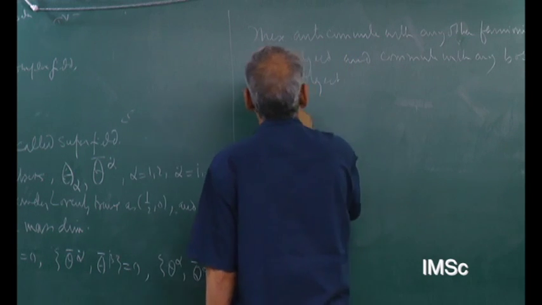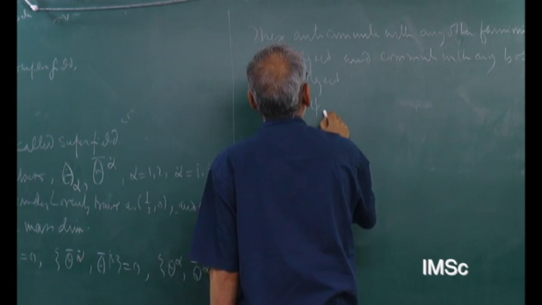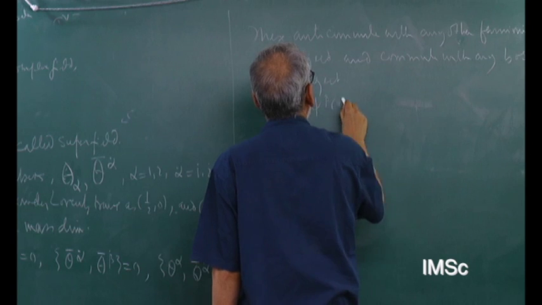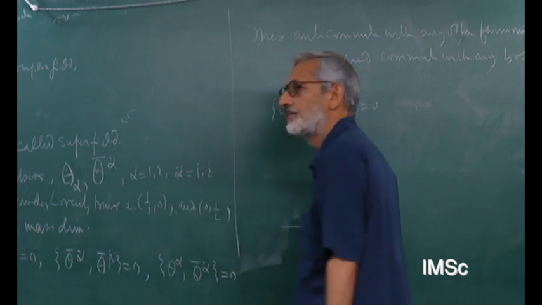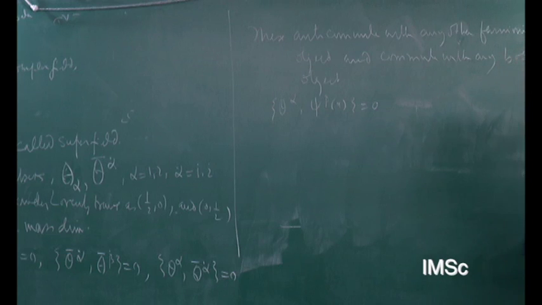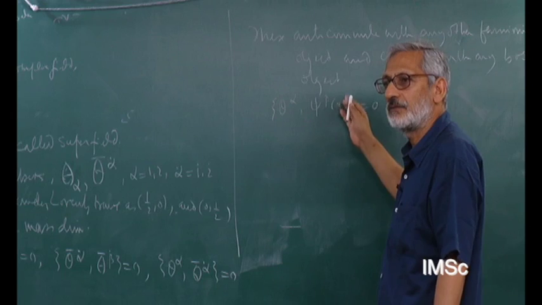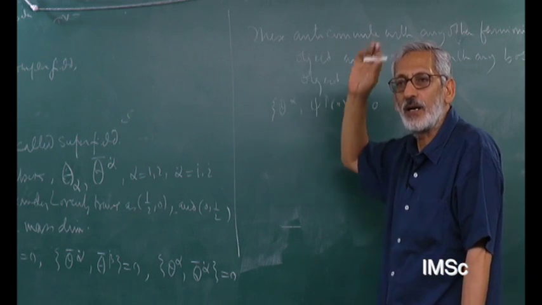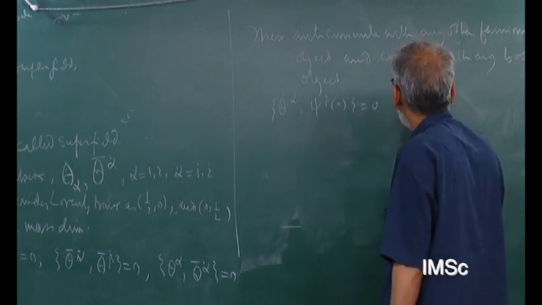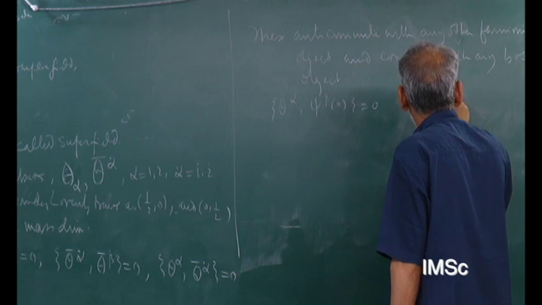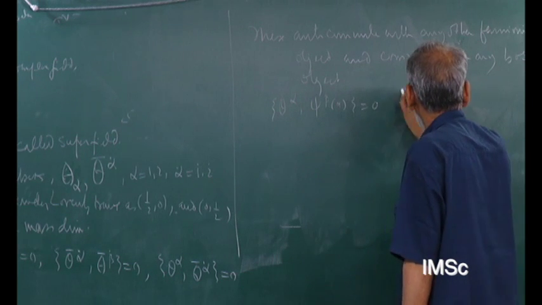Let me take a fermion field: theta alpha and psi beta must anti-commute. Similarly, theta bar with any psi or psi bar or chi bar, whatever fermions you have, must anti-commute. But theta alpha with a bosonic field must commute.